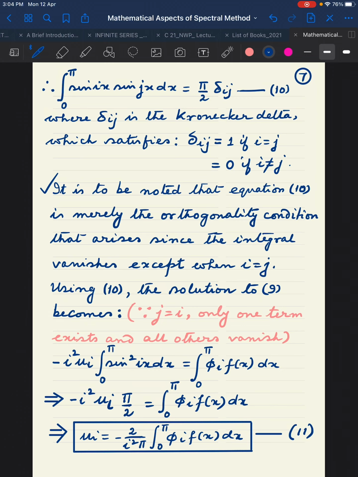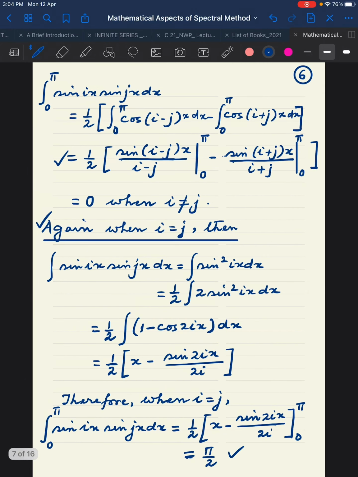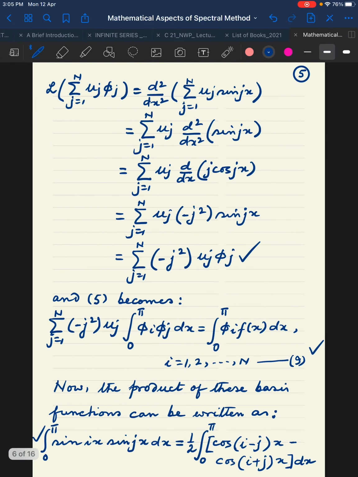So using 10, the solution to 9, let us go back to 9. Which equation was our 9? This one was our 9. Now using this orthogonality property of basis functions, we are going to solve 9 with the help of 10.